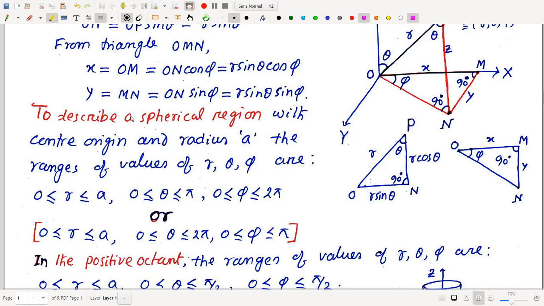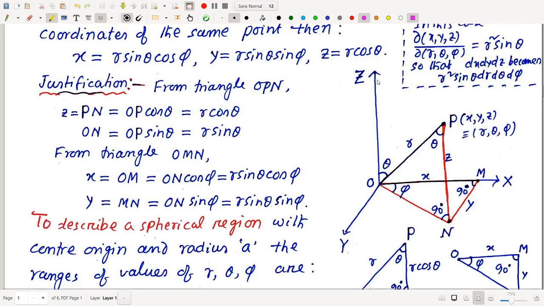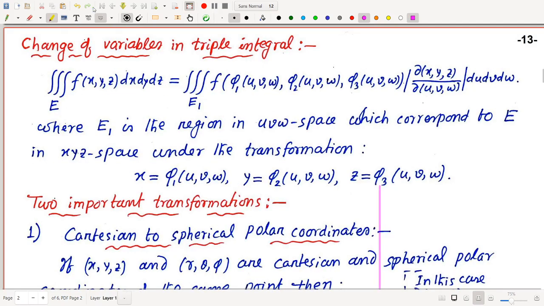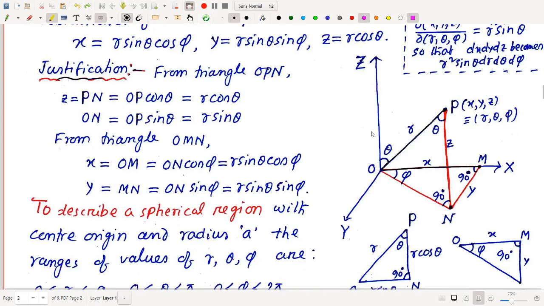Now, if we want to describe a spherical region with center origin and radius a, then what will be the ranges of values of R, theta, phi? See, this is the z-axis and its opposite direction is z dash.